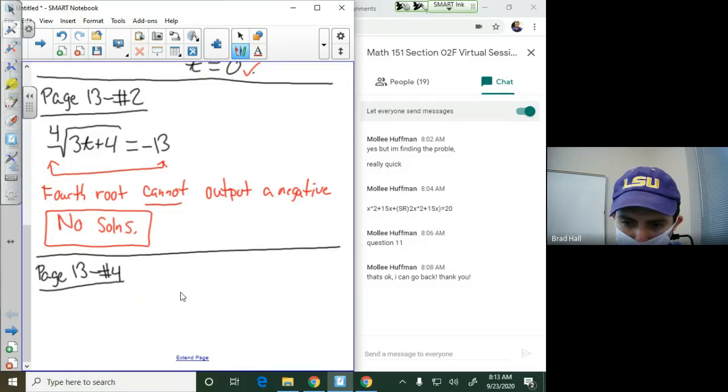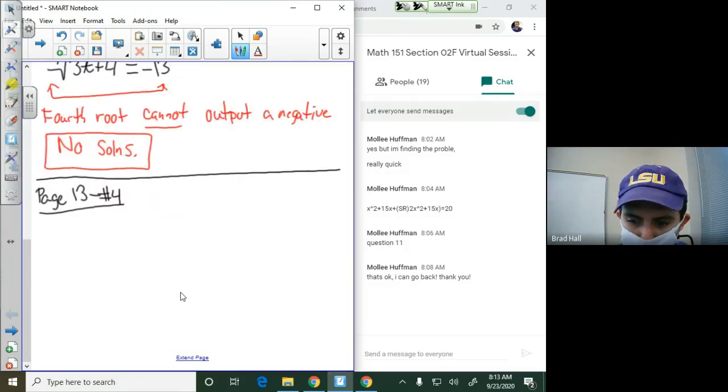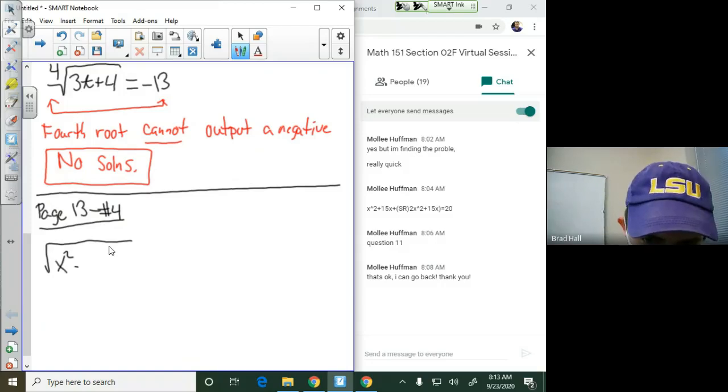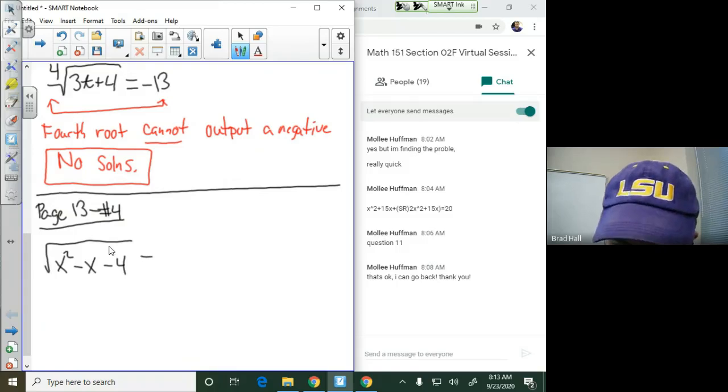Okay, number 4. The square root of x squared minus x minus 4 is equal to x plus 2.